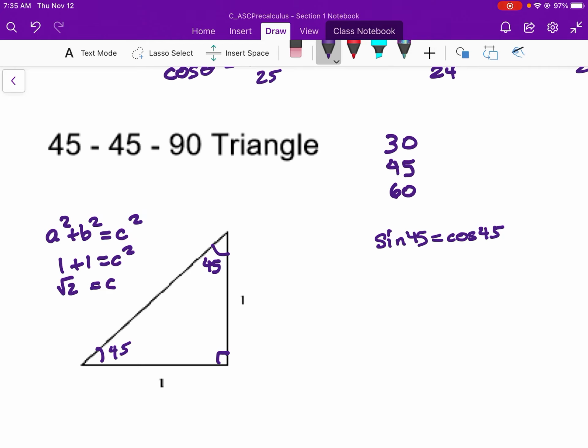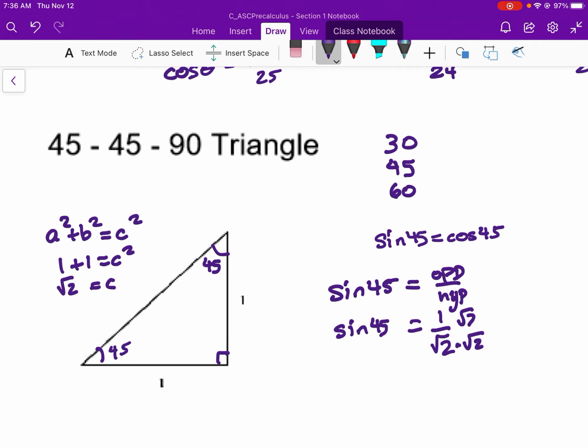So when I do the sine of 45 and I do the opposite over the hypotenuse, that gives me 1 over the square root of 2. Well, we're not supposed to write square root of 2 in the denominator, so I'm supposed to multiply top and bottom by the square root of 2.